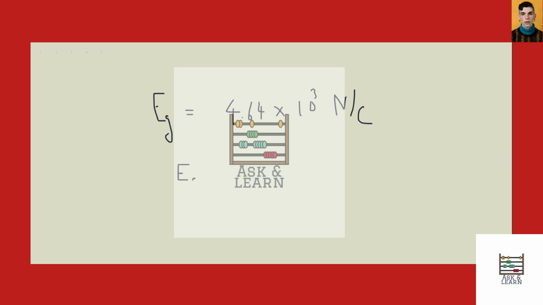Now, electric field inside any material is sigma, which is charge, minus induced charge divided by epsilon naught. So this is induced charge density. Let's find out induced charge density, which is equal to sigma minus epsilon naught Eg.